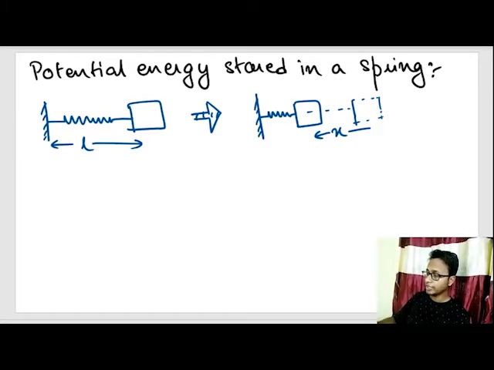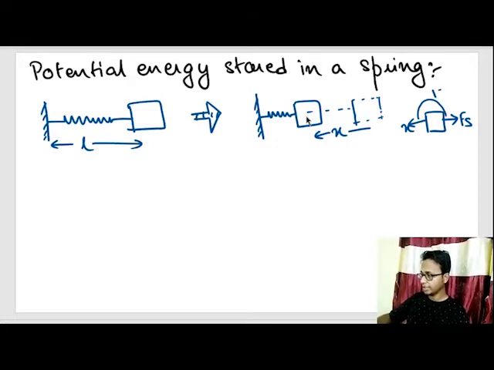What is the work done by the spring force? So let's draw the free body diagram. If the spring is compressed towards this side, our force will be acting on the right hand side, and the force is given by Fs. Our displacement is on the left hand side, or x. The angle between force and displacement is 180 degrees.